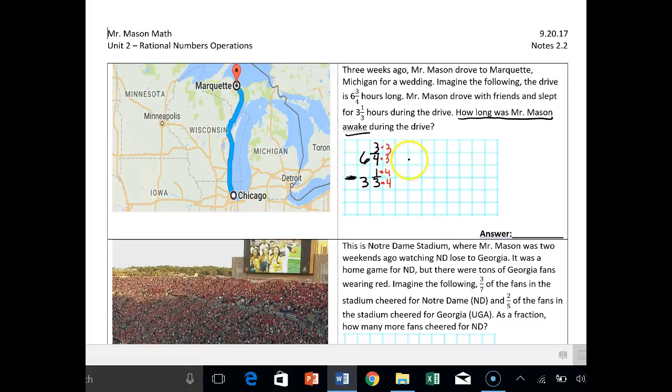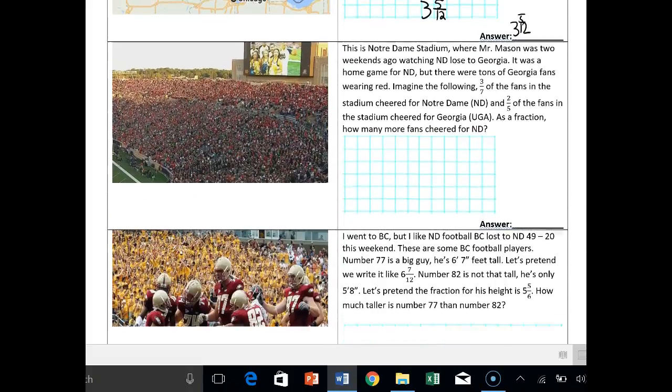And so your new fraction becomes 6 9/12 minus 3 4/12. So now we can subtract because I have common denominators. 9 minus 4 is 5. Keep the denominator, and 6 minus 3 is 3. So for 3 5/12 of an hour, Mr. Mason was awake. Let's move on to the next one.